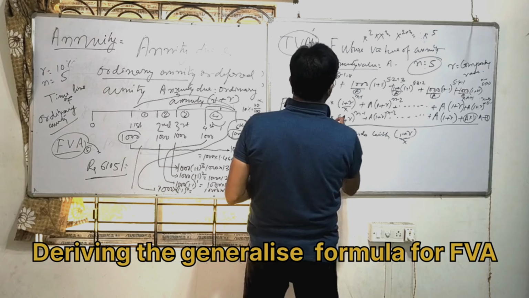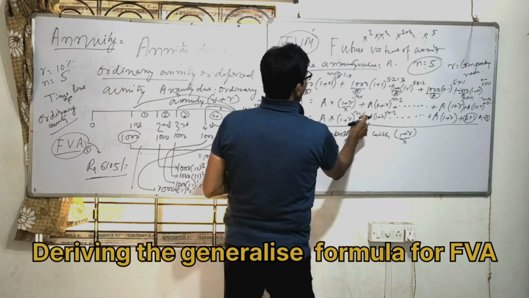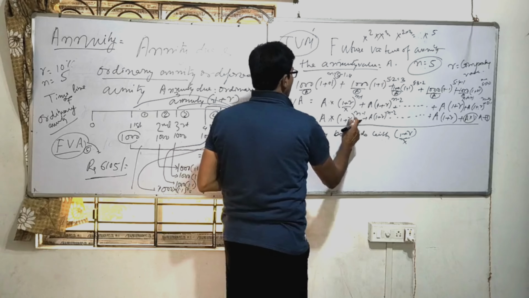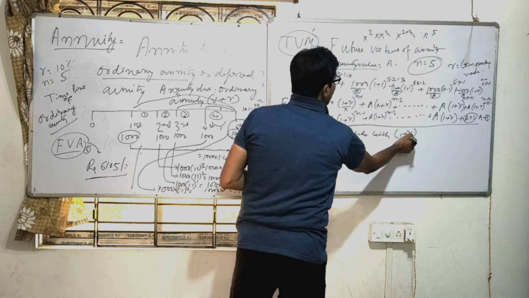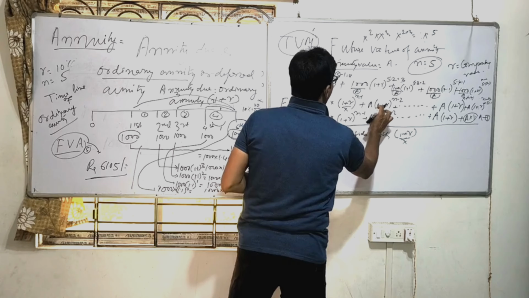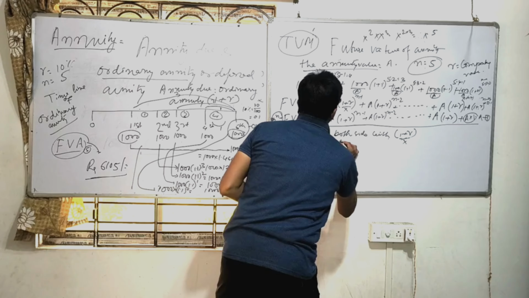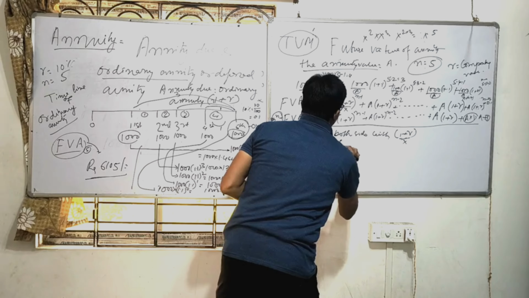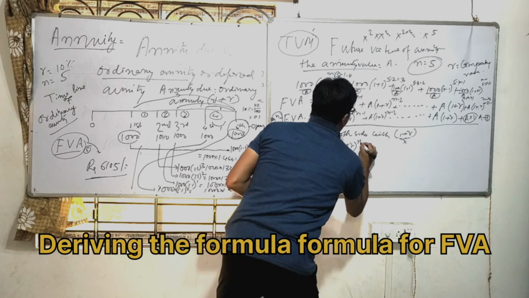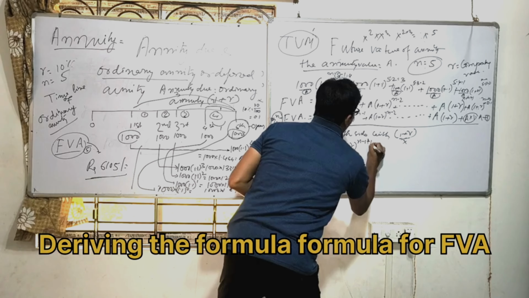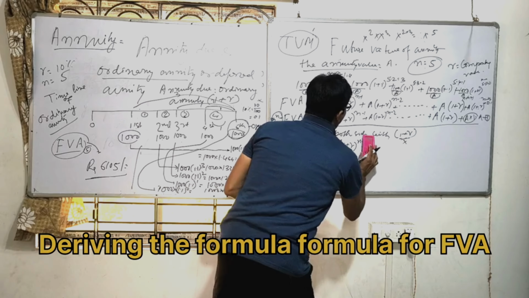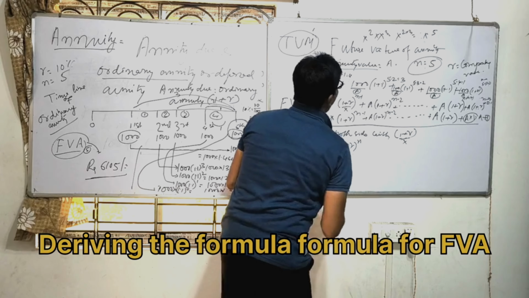So the first term is a into 1 plus r to the power n minus 1. We are just multiplying by 1 plus r, so n minus 1 plus 1. So a into 1 plus r to the power n minus 1 plus 1. This way it will be cancelled, so the result will be a into 1 plus r to the power n plus 1.